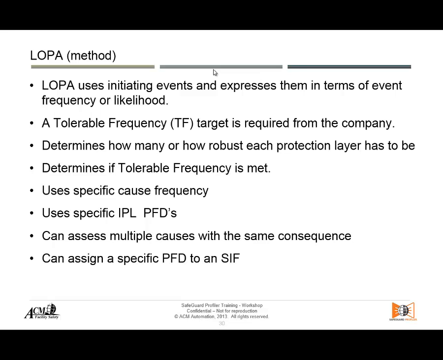So we can assign a specific PFD to a safety implemented function. That's what I said before. If you have TF over MF and the number is less than 1, that number is interpreted as being the probability of failure on demand of that safety implemented function.